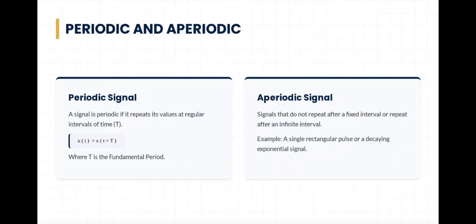So, in simple terms, periodic signals have a repeating pattern, aperiodic signals have no repetition, and this distinction is important because many signal analysis techniques depend on whether a signal repeats or not.